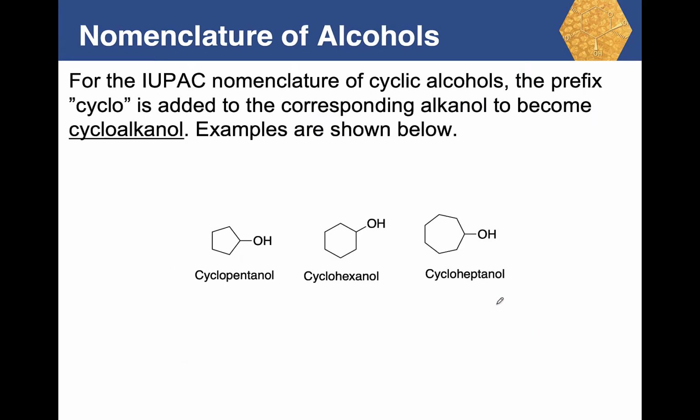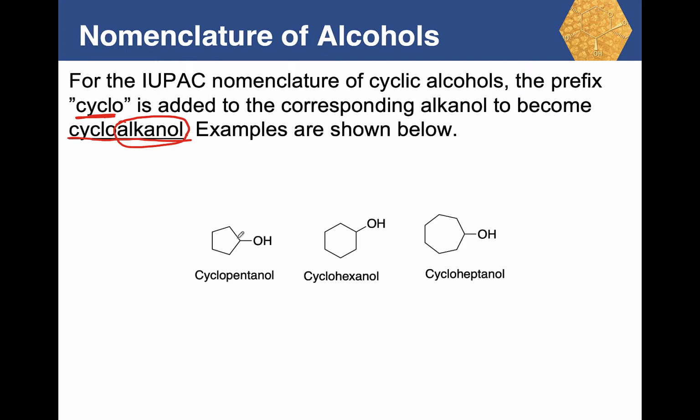Let us look now at cyclic alcohols. This one is fairly simple because you identify the number of carbons in the ring and just add cyclo to the name that we had before, so it becomes cycloalkanol. Of course, the alkanol here just means the corresponding alkane.